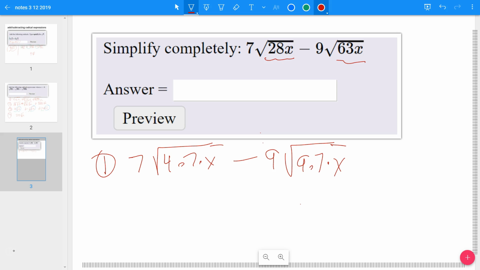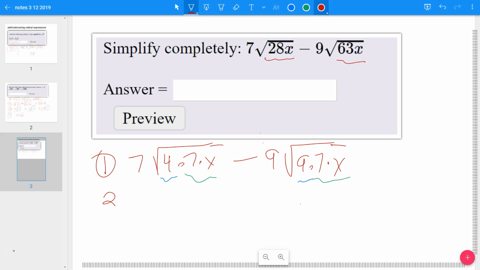And I know I'm on the right track because the 7x and 7x match. If you don't get the portions matching, you probably want to rewrite it a bit differently. Also make sure that under the root symbol you have perfect squares. 4 is a perfect square, 9 is a perfect square.